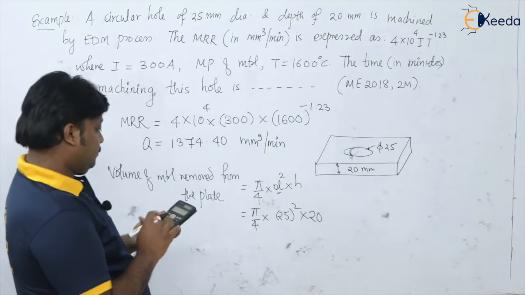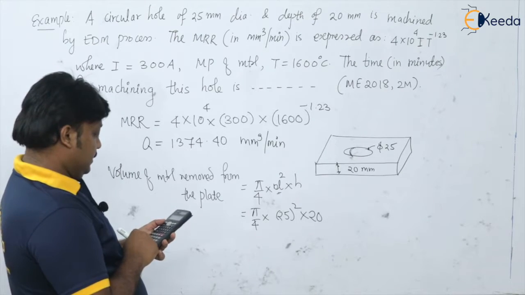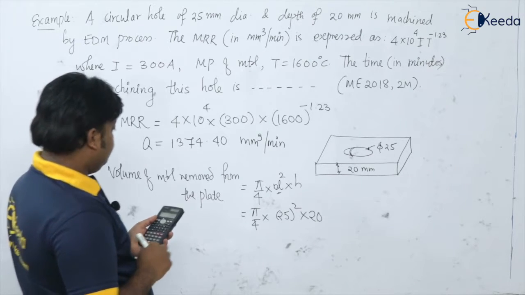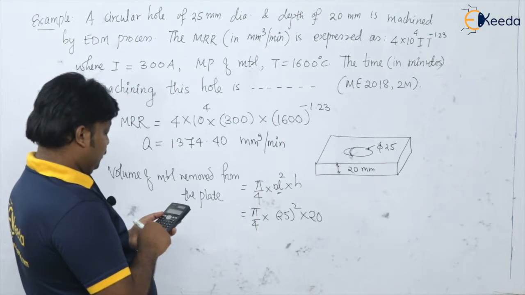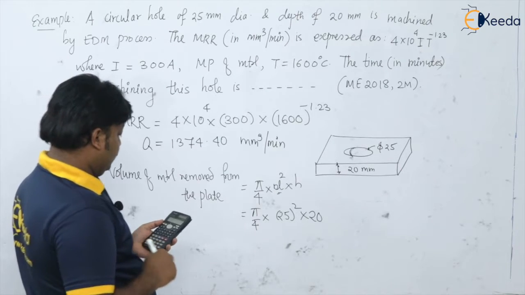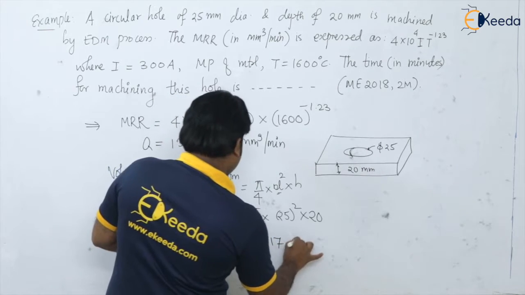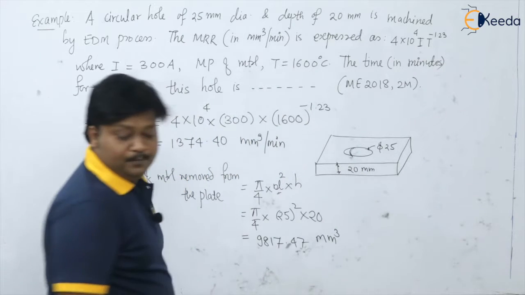Calculate this. So 625 into 20 pi divided by 4. So it is how much? 9817.47, it will be in millimeter cube.